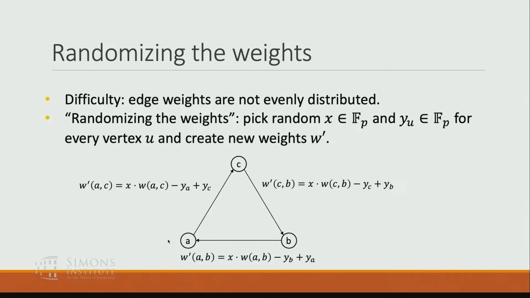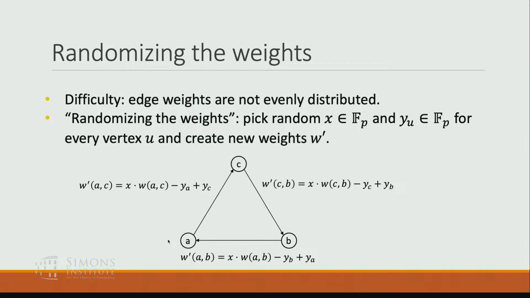So even though the graph itself is not directed, in this step it's helpful to direct edges from A to C, from C to B, and from B to A. And for an edge directed from some vertex u to some vertex v, the new weight will be x times its old weight, minus y_u, plus y_v.